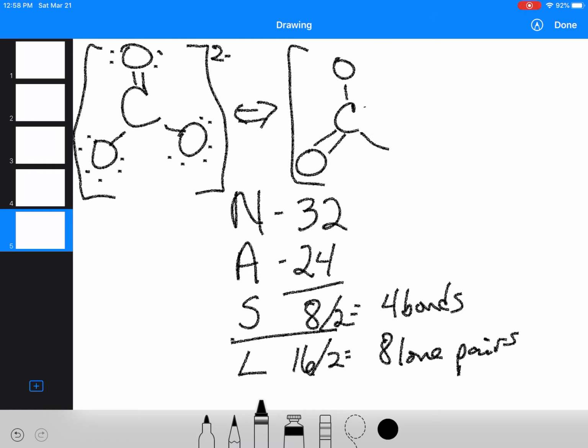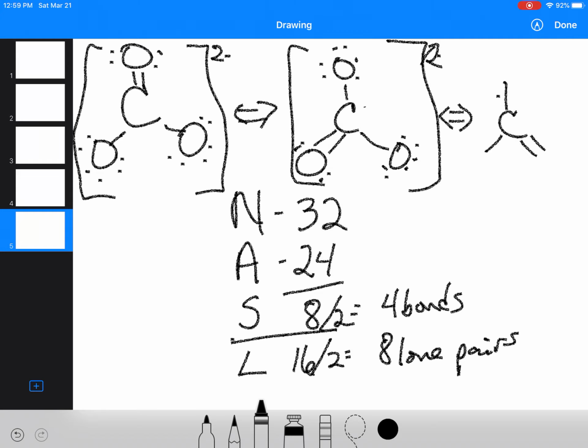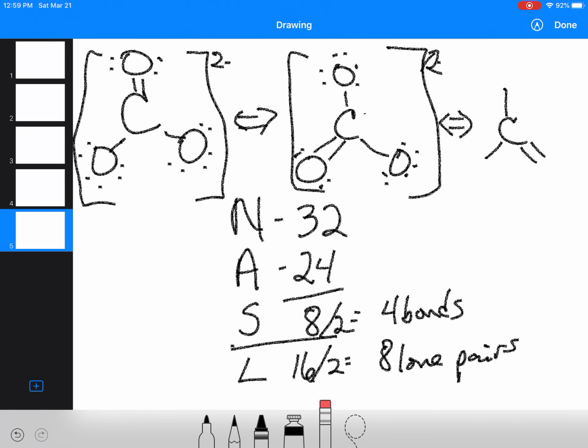We'll talk about this a little bit more as we go forward, but for right now, we're just going to talk about it the way we did last year, which is we represent the resonance like this. We draw 3 equal structures, and we move the lone pairs and the bonds around to every possible one of those 3 locations.